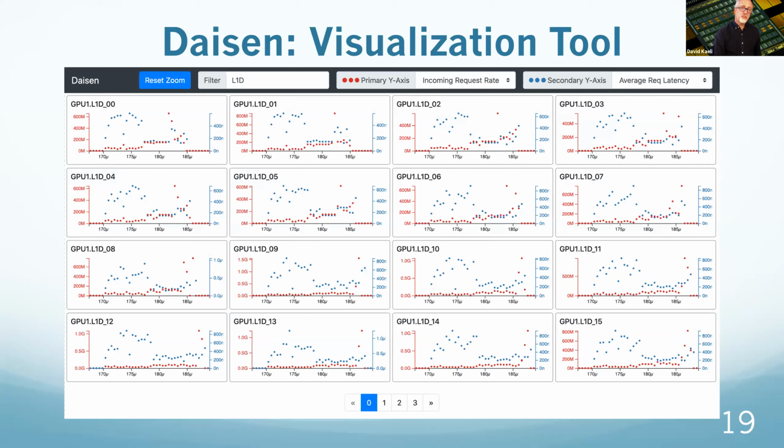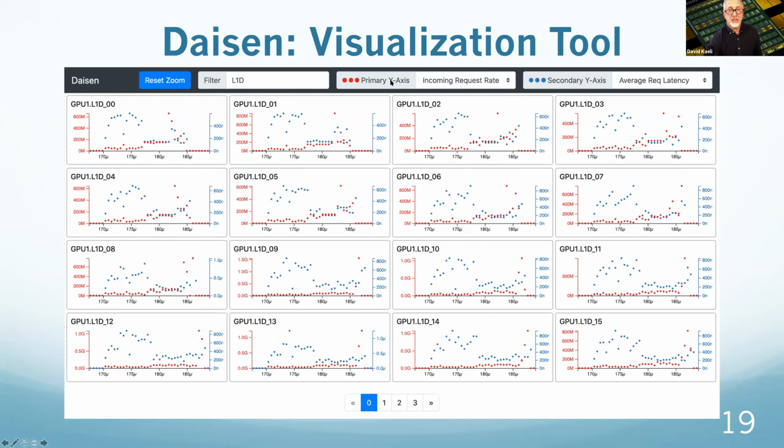Dyson is our visualization framework. This is an ongoing effort, but as you can see, if I want to look at all the level 1 data caches, here's the L1 data cache 0 through 15. Here I can see over time and measure various things.